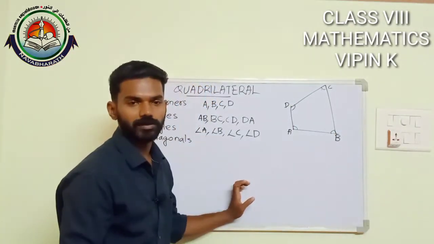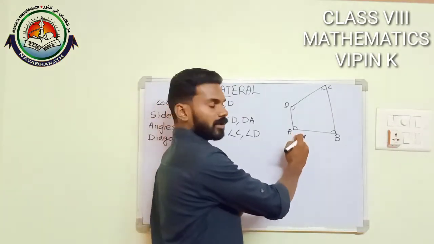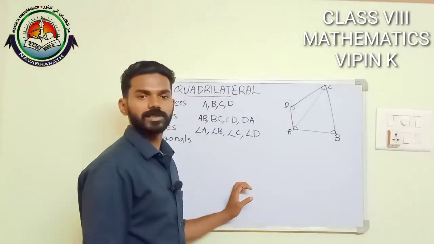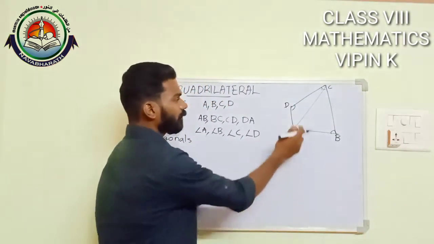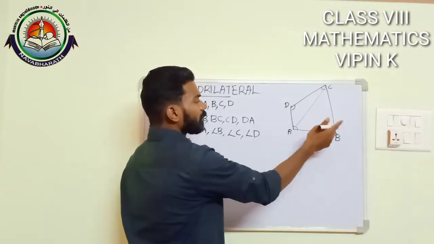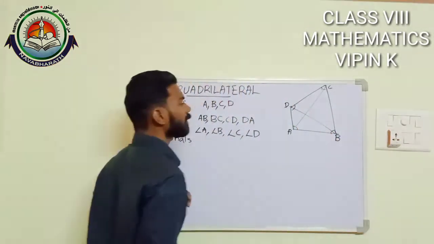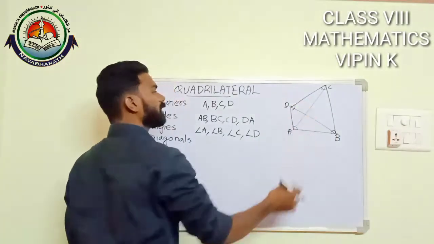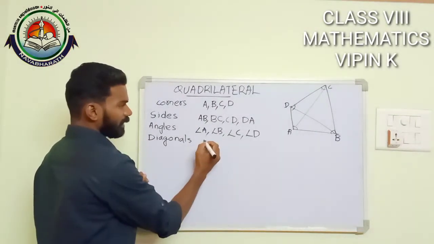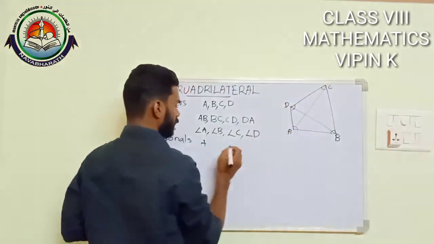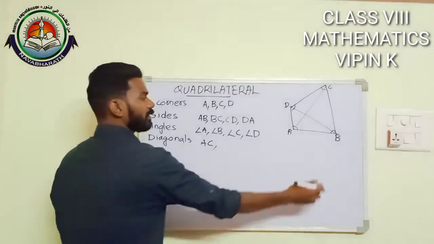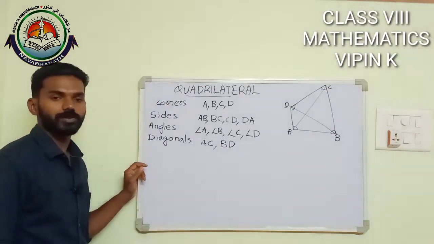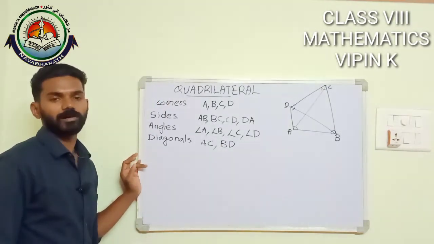Joining corner A with corner C gives one diagonal, and joining corner D with corner B gives the second diagonal. So this quadrilateral ABCD has 2 diagonals: diagonal AC and diagonal BD.